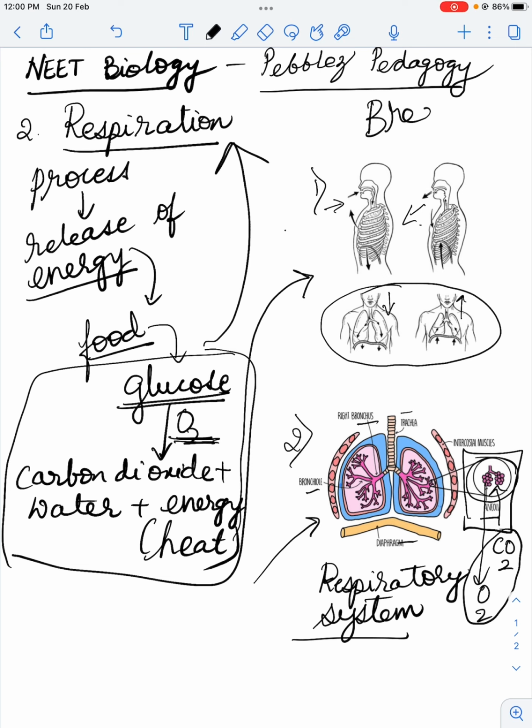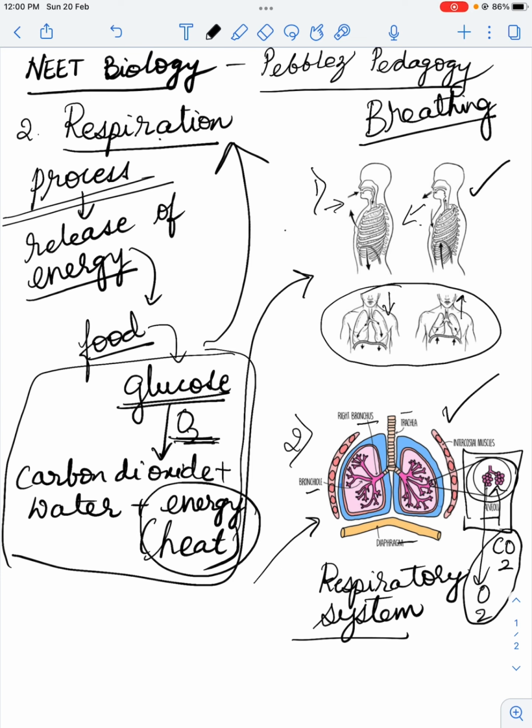Breathing is obviously different from respiration. Breathing involves ventilation and gas exchange, whereas respiration is a process which involves the release of energy when glucose from the food is broken down in the presence of oxygen, giving carbon dioxide and water.